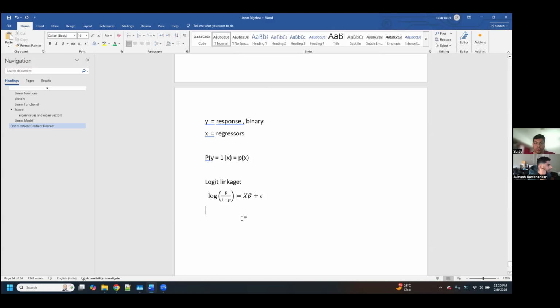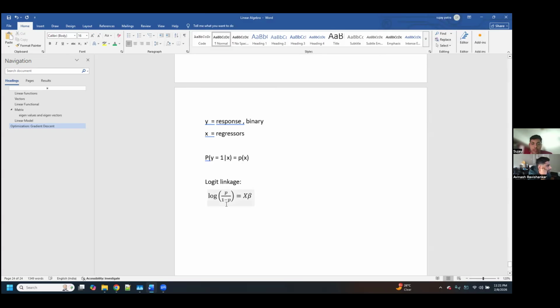So instead of doing this, this is like the generalized linear model kind of concept. We are not modeling the P directly. We are taking a logit of that, and then we are doing a linear model on that. You can ignore the plus epsilon for now, and just look at a model like this.